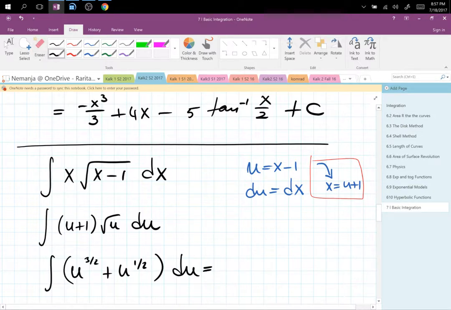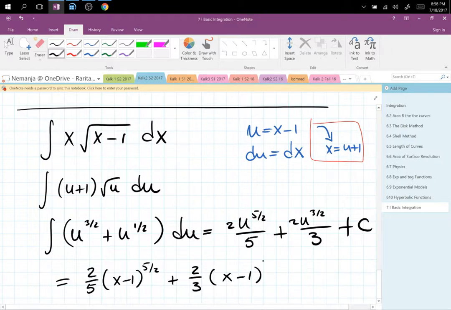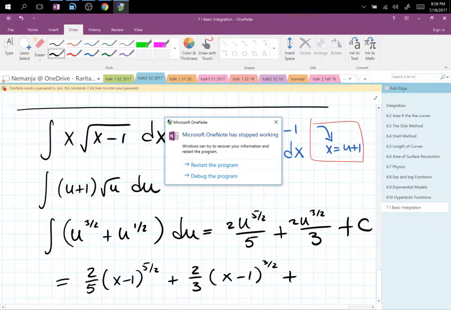Oops. u to the 5/2 over 5/2 on top plus u to the 3/2 over 3/2, plus C. It's 2/5 (x minus 1) to the 5/2 plus 2/3 (x minus 1) to the 3/2 plus C.